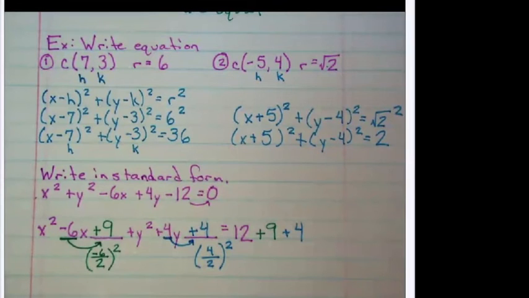The first thing we need to look at is the x squared part. So x squared minus 6x plus 9. If we were to factor this, we've set this up so that it's going to work out just right. Factors of 9 that add up to give me negative 6 are going to be negative 3 and negative 3.